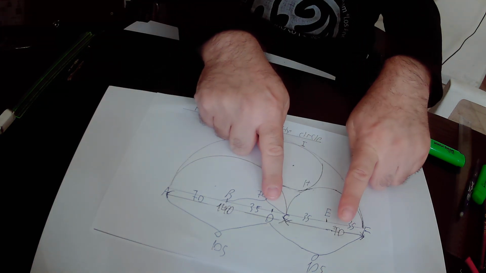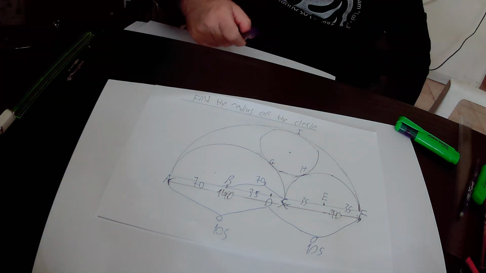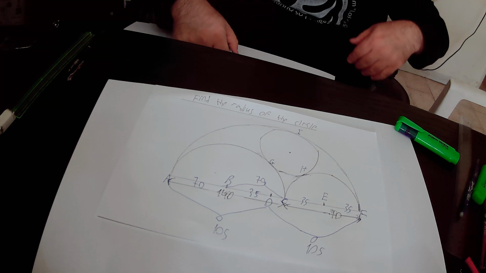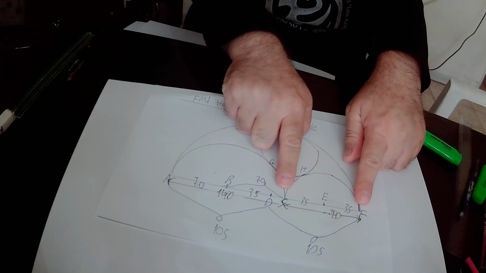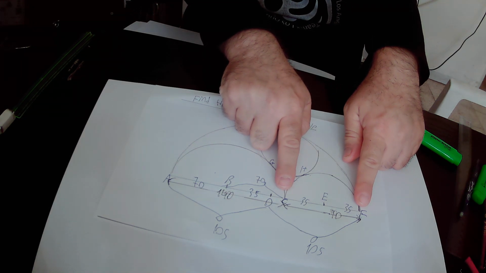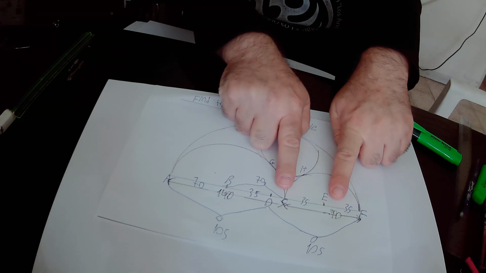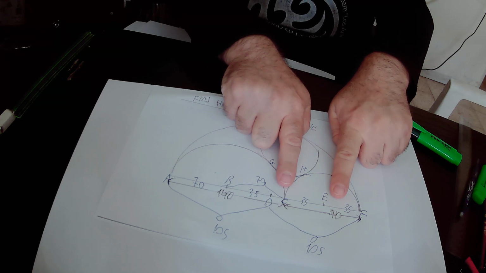OF is the radius of the biggest circle, which is equal to 105 units. Minus CF. Here it is given in the question that line segment CF equals 70 units.